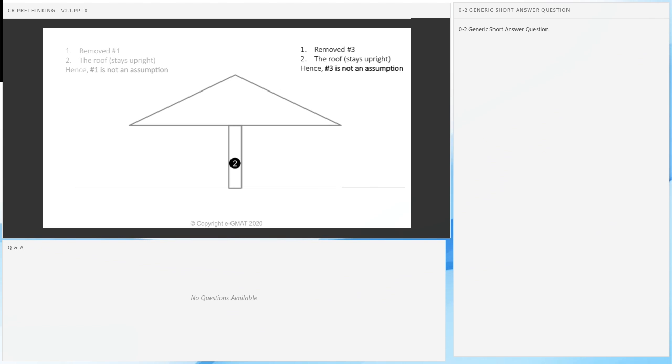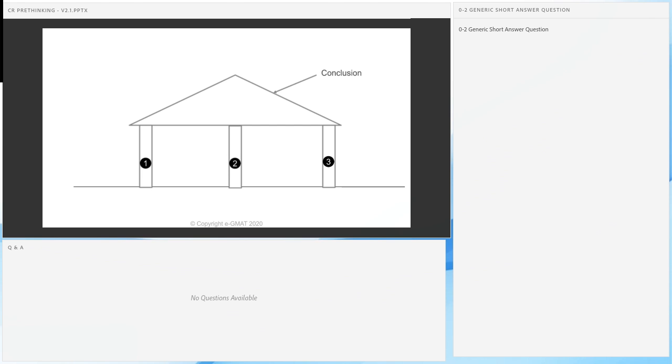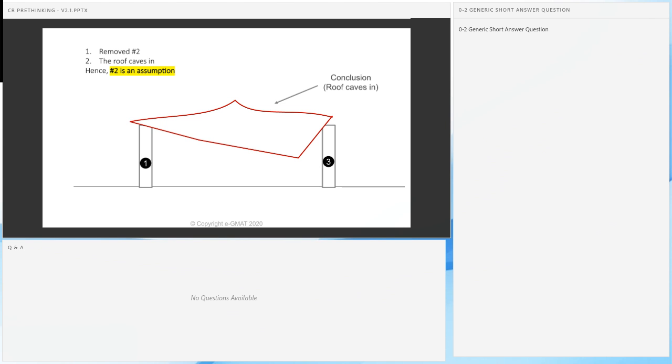Let's take pillar number 3 out as well. The roof still stays upright. So pillar number 3 was a strengthener, still not an assumption. Let's bring everyone back. Let's remove pillar number 2. If that happens, despite pillars number 1 and 3 being there, the roof caves in.